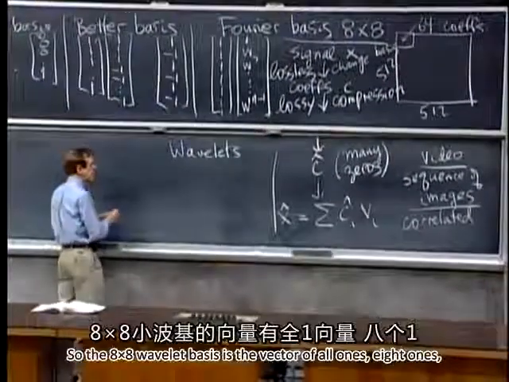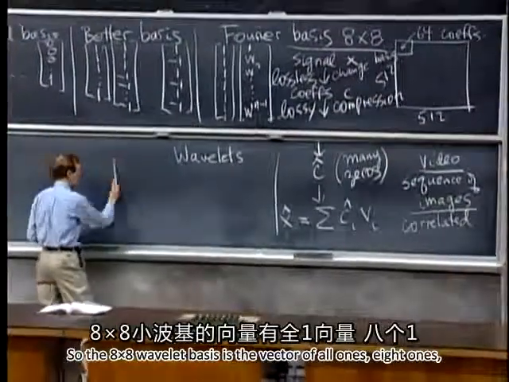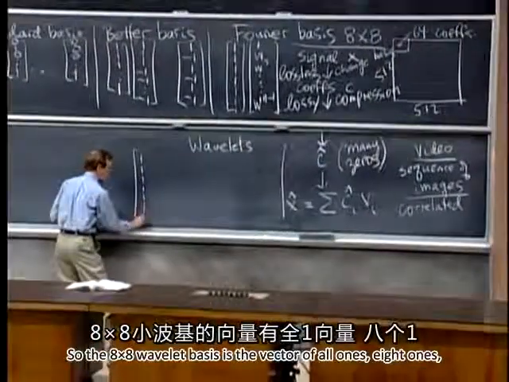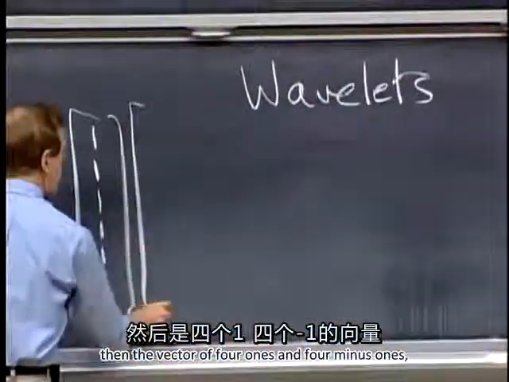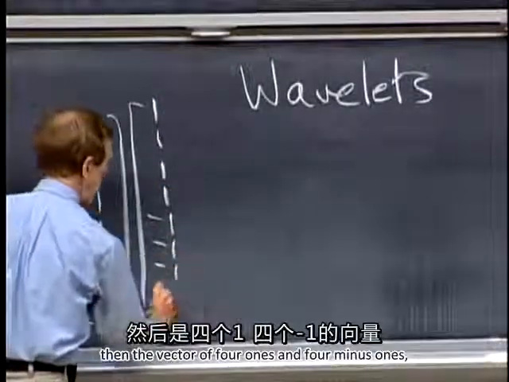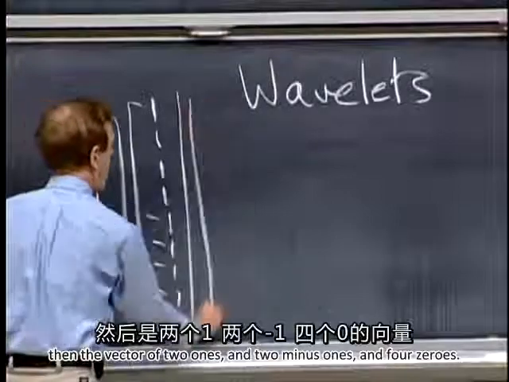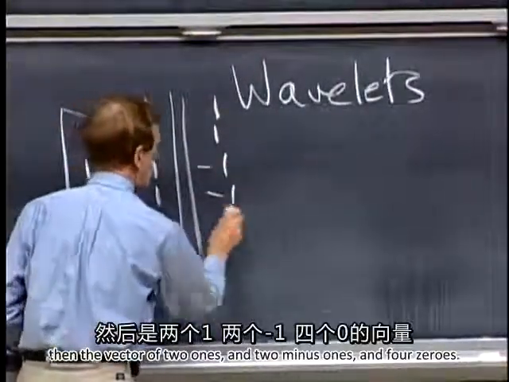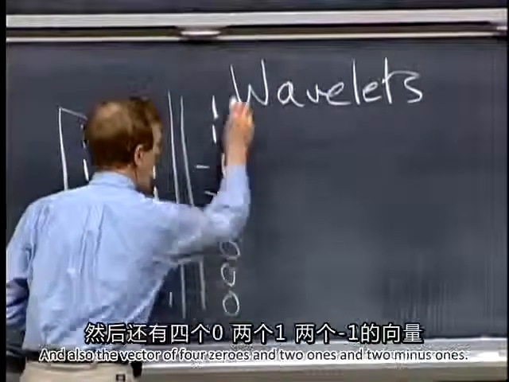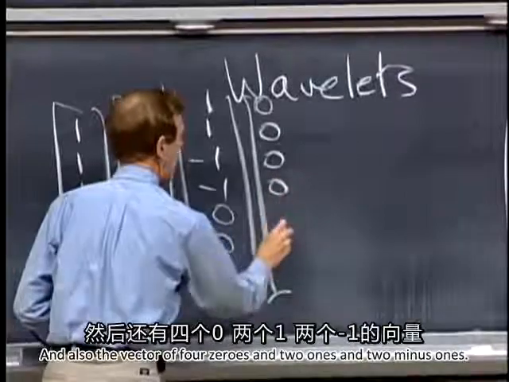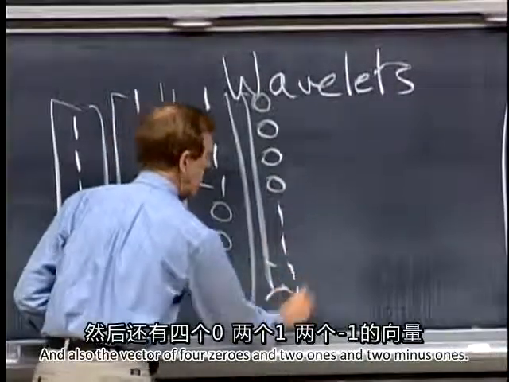I can describe what that basis is like, say in the 8x8 case. So the 8x8 wavelet basis is the vector of all ones, 8 ones. Then the vector of 4 ones and 4 minus ones. Then the vector of 2 ones and 2 minus ones and 4 zeros. And also the vector of 4 zeros and 2 ones and 2 minus ones.